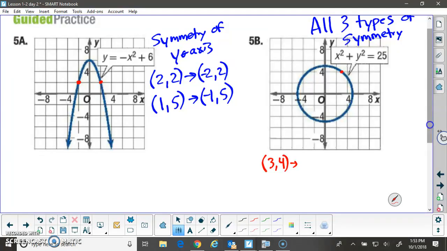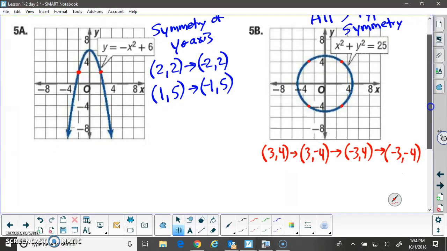And so if there's symmetry of the x-axis, then it should also contain the coordinate point 3, -4, which it has right here. And if there's symmetry of the y-axis, it should also have the coordinate point -3, 4, which it does have right here. And then if there's symmetry of the origin, it should also contain the coordinate point -3, -4, which it does right here. So all four types of symmetry exist on that problem.